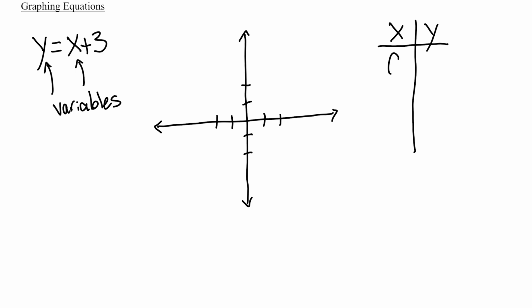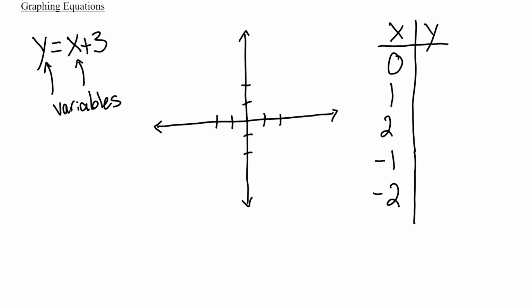Good points to pick are typically 0, and then 1 and 2 would be the next logical values. Then we want to make sure to put a couple of negative numbers in there as well. So it's basically an arbitrary set of 5 points.